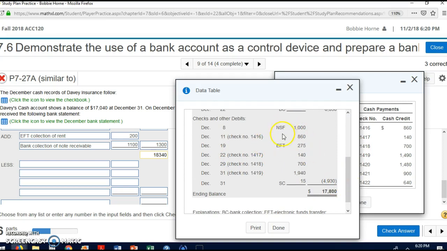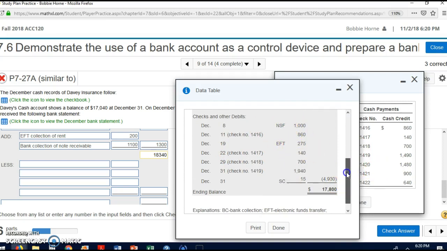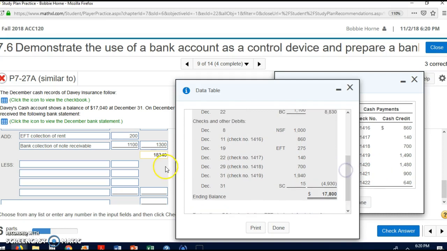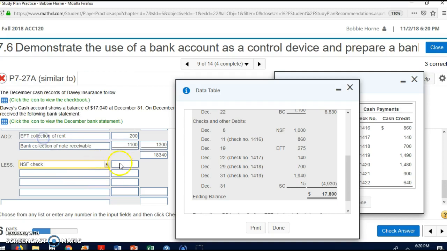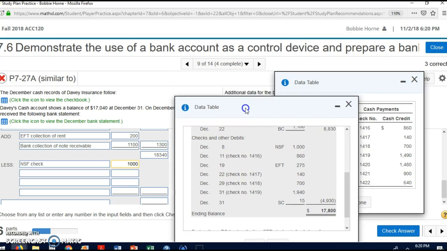Then we need to deduct anything like bank charges, service fees, those types of things, and non-sufficient funds checks that bounce. So we have a non-sufficient funds check of $1,000. And then we have an EFT of $275.